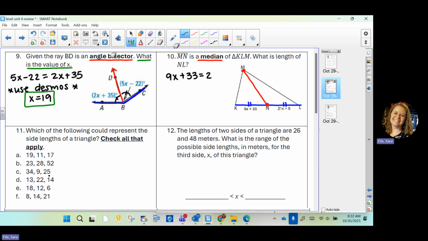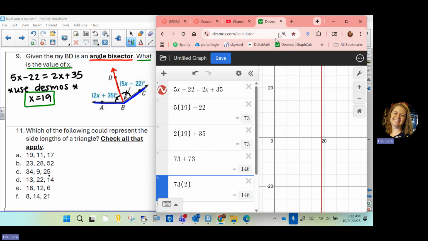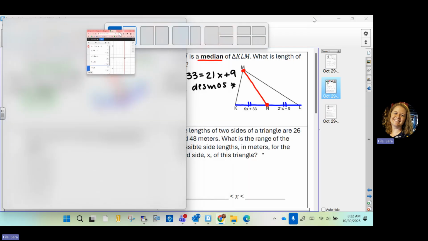All right, so I'm going to finish setting this up. 21x plus 9. So again, I'm going to use Desmos to do the algebra, but I had to know what equation to set up. I had to know that these were equal to each other. So now I'm going to pull up Desmos and plug this one in.